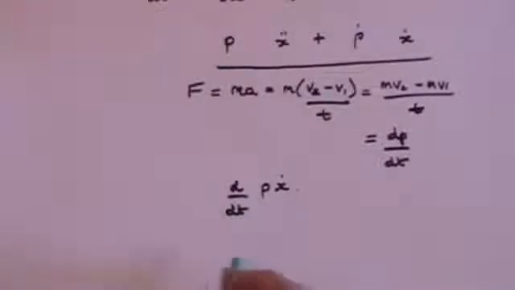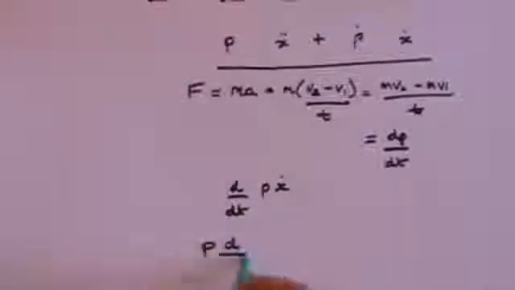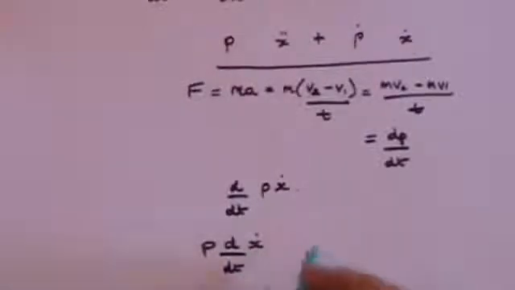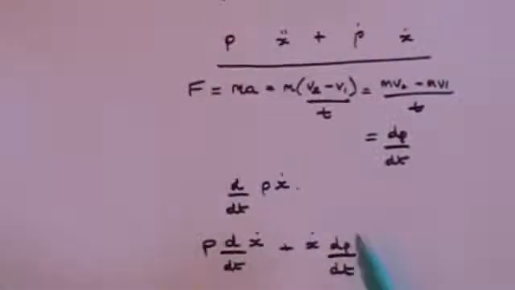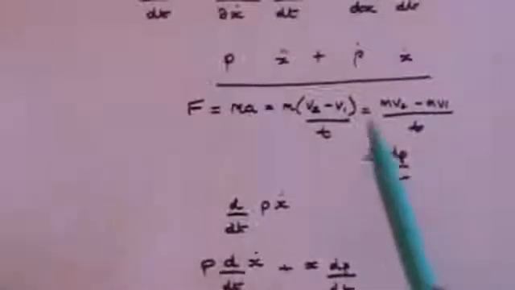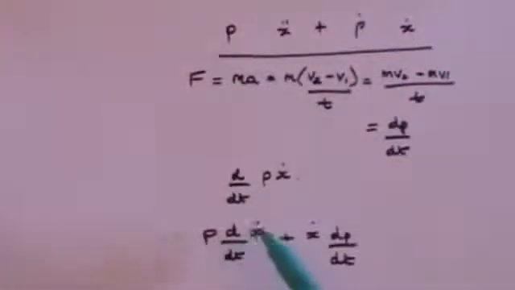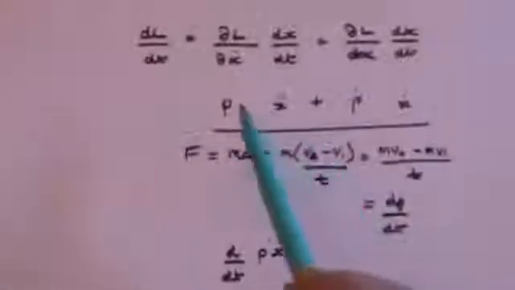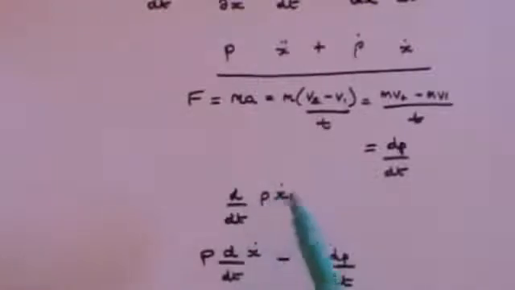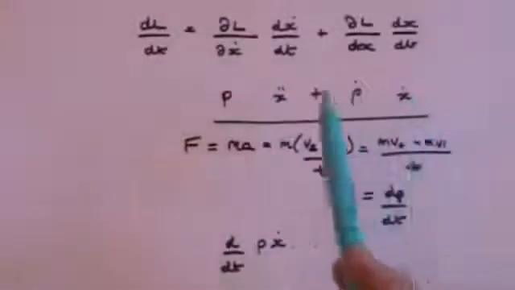So d/dt of p x dot will be the first times the differential of the second, plus the second times the differential of the first. And x dot times dp/dt is this here, and p times x double dot is this term here. So this term, d/dt of p x dot, is a simple version of that.